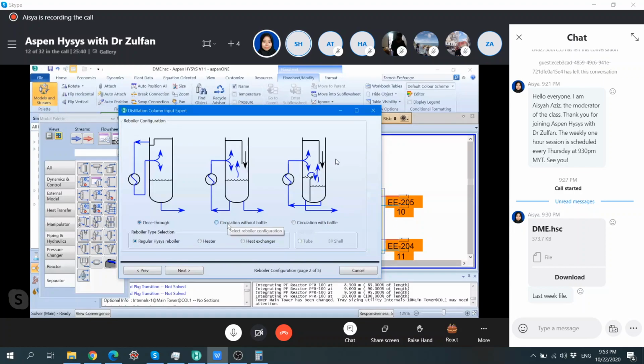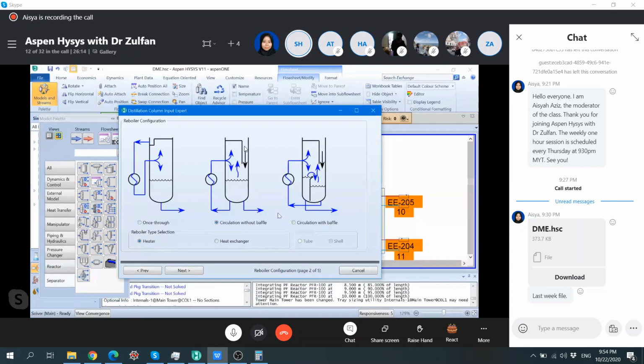But I guess what we have is that liquid from stage 22 goes straight to the bottom of the column, then goes to the reboiler, is reboiled, and goes back to the column. We don't have exactly such a configuration, but I think we have the B, circulation without baffle, so it's more or less the same. It doesn't really matter in this steady state situation anyhow.